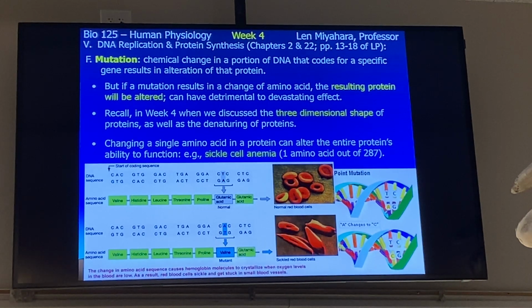The problem with this is the valine sticks out on the outside of the protein. And when you change it, and the oxygen levels drop, one adjacent hemoglobin, I think it's the beta chain, there's two alpha chains, two beta chains, will also have valine sticking out, and valines stick together when oxygen goes low.